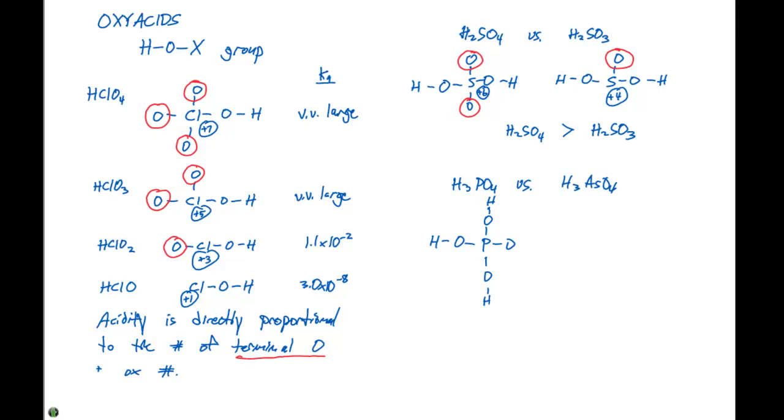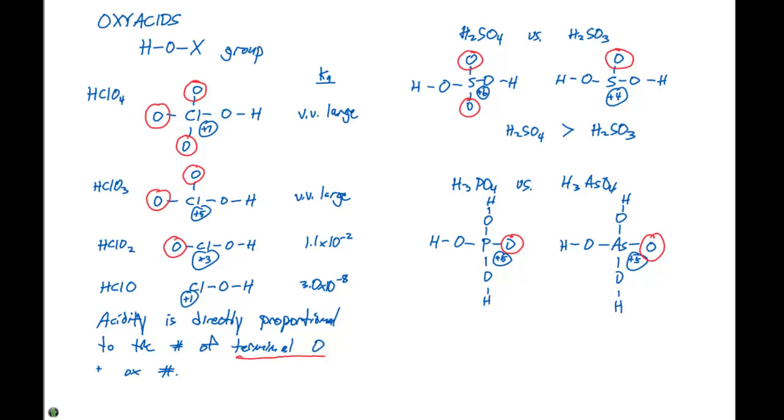Its oxidation state is going to be plus 5, and there's going to be 1 terminal oxygen. For H3AsO4, we put 4 oxygens around here, and then we attach 3 hydrogens to these. The oxidation state here is also plus 5, and we have 1 terminal oxygen.